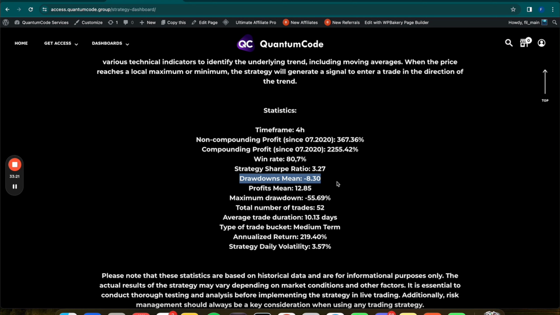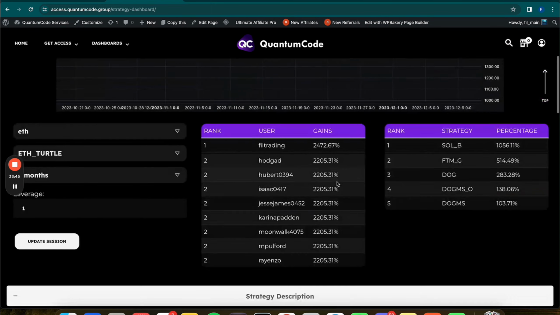What does this mean? When we get a signal, on average the price is still going to go against us by 8% before we continue in our direction and get into profits and make a lot of profits. But on average, we have a drawdown of 8%. And this is a normal strategy.